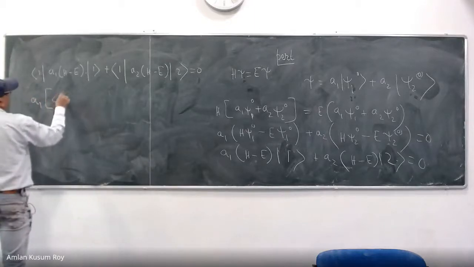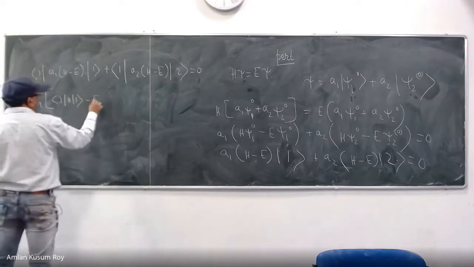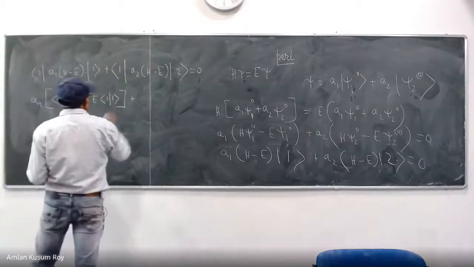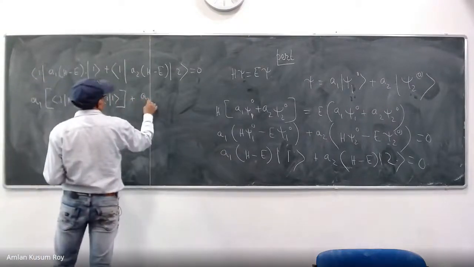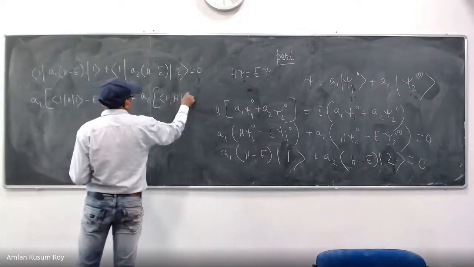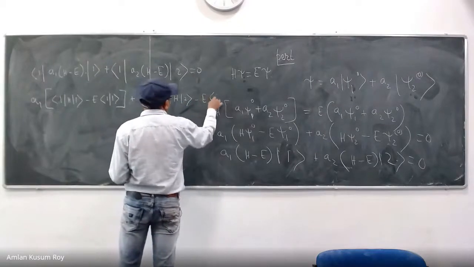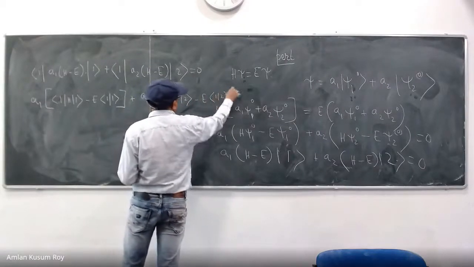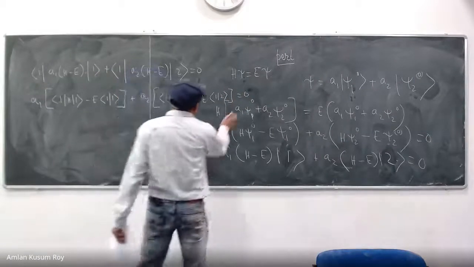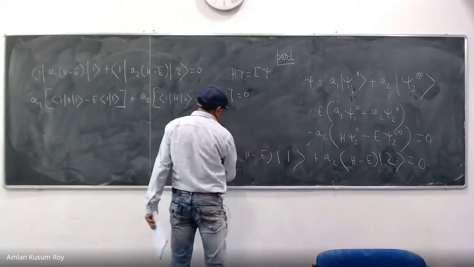So A1 (<1|H|1> minus E <1|1>) plus A2 (<1|H|2> minus E <1|2>) is 0. What happens to this? Please see this.